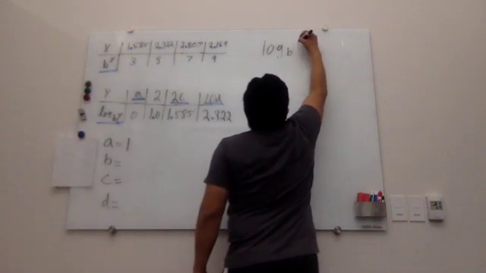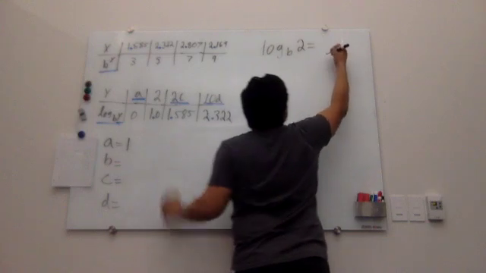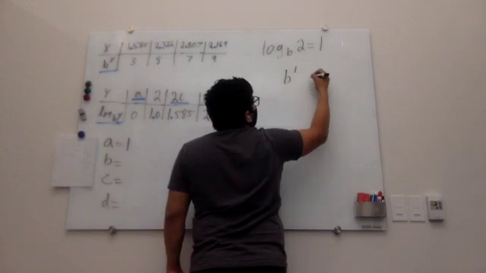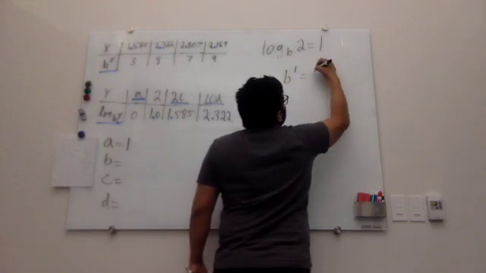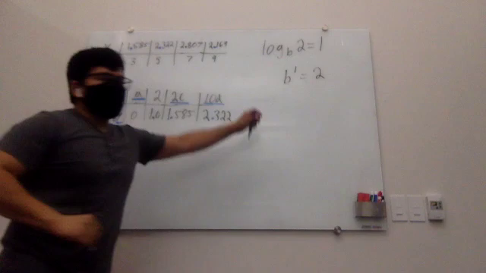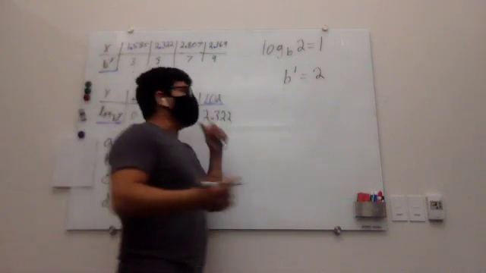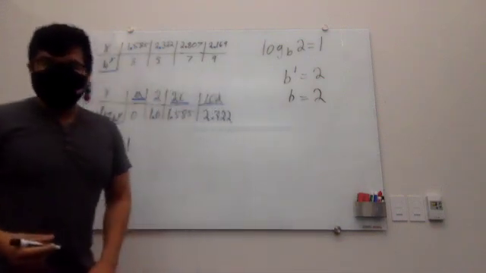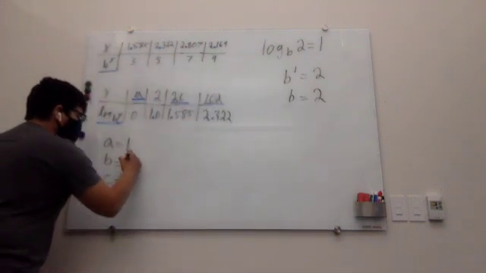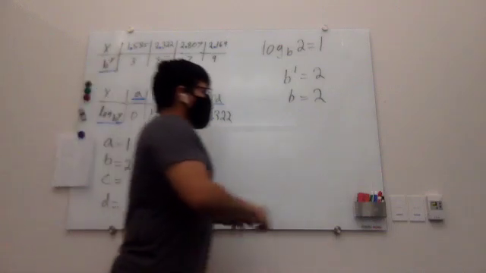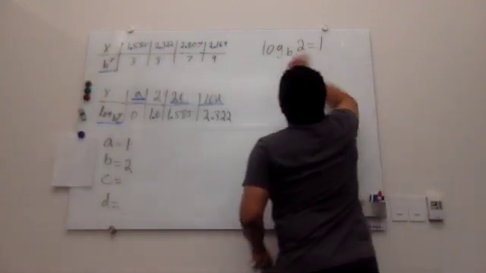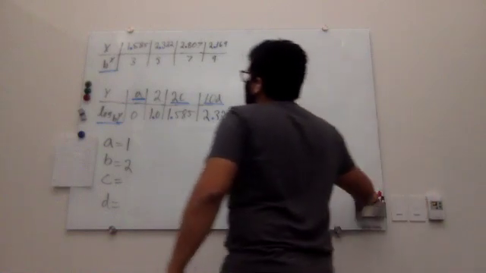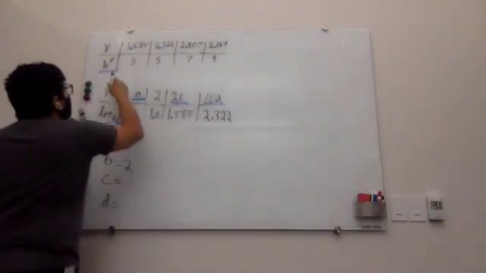So log base b of 2, we get 1, which means b to the first power equals 2. Well, b to the first power just means b itself. We know b is equal to 2. Okay, sweet. So b is equal to 2. Making some progress, getting some ground. And that does make a little bit of sense when we look at this.